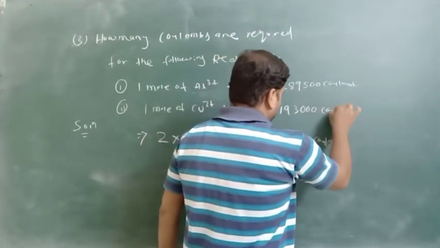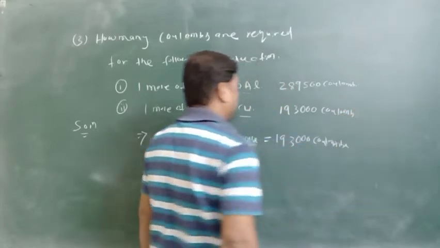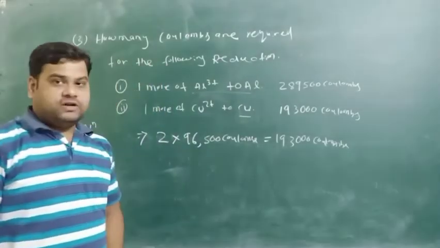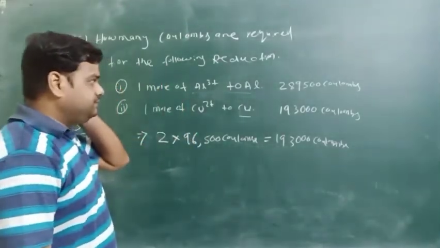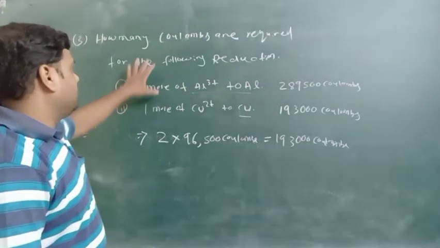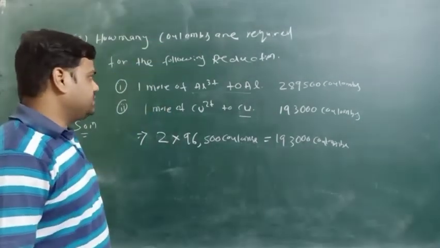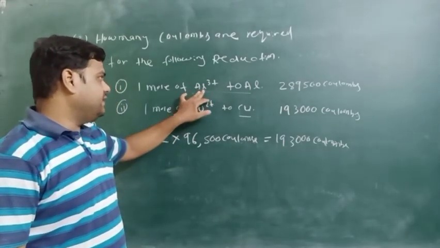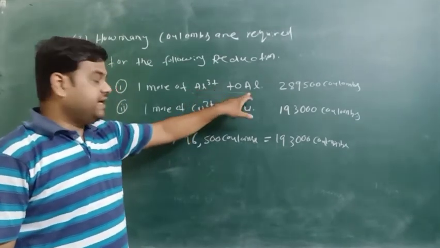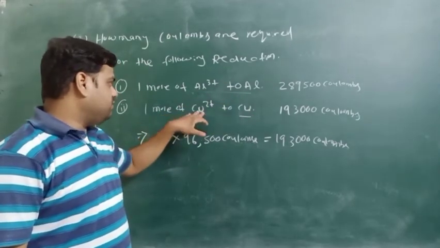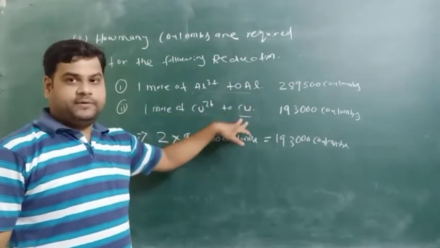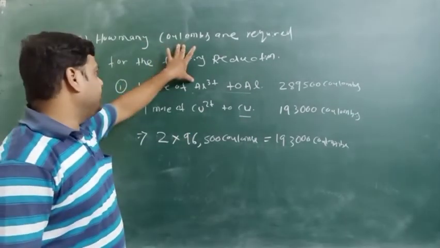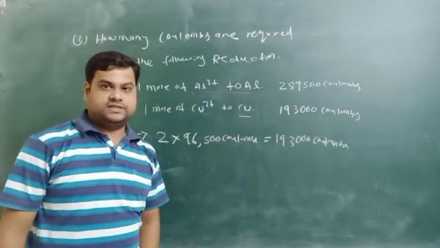This is all about the calculation of the reduction process: when 1 mole of Al3+ ion is reduced to Al, and 1 mole of Cu2+ ion is reduced to copper, we can calculate how many coulombs are required for this reduction process.